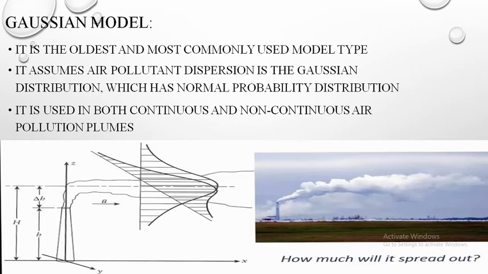It is used in both continuous and non-continuous air pollution plumes. Are you clear? Most diffusion models use the Gaussian plume idea, which is also a material balance model.